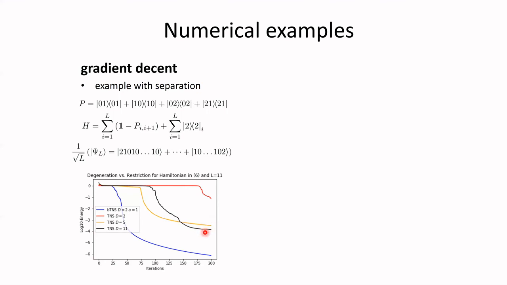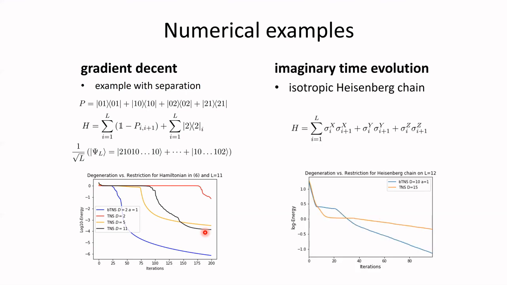And the second example that I would like to show you, which is maybe a bit more physical, is imaginary time evolution for the isotropic Heisenberg chain. And here we compare directly on 12 lattice sites our boundary tensor network with bond dimension 10 and approximation degree 1, the blue curve.